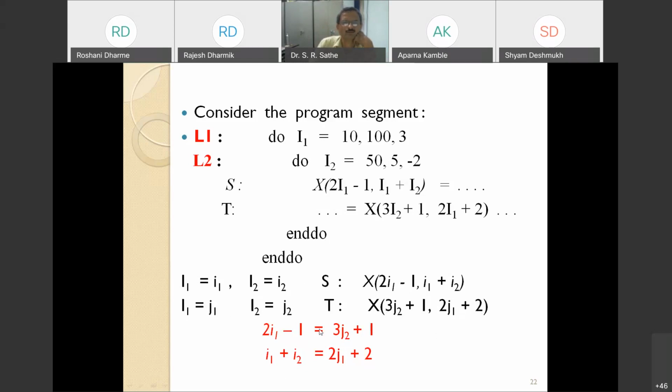Therefore, 2*i1 minus 1 should be equal to 3*j2 plus 1. And i1 plus i2, that is the second index, should be equal to 2*j1 plus 2. So you have to solve these equations.